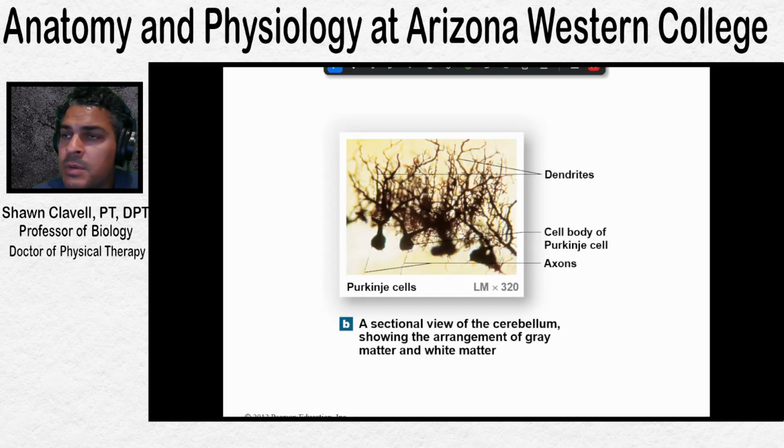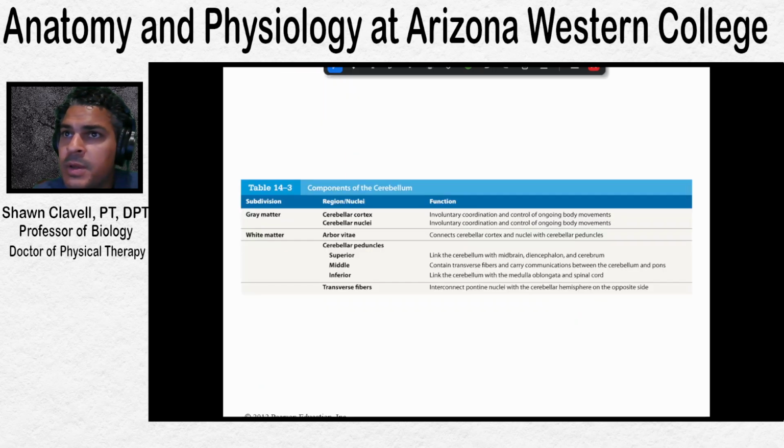Right, so missed it there, right? So components of the cerebellum, the gray matter, you get the link to the cerebellum with the midbrain, diencephalon, and the cerebrum. The middle, maybe I can zoom in for you guys.